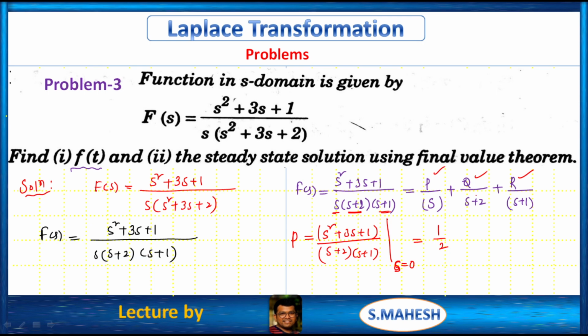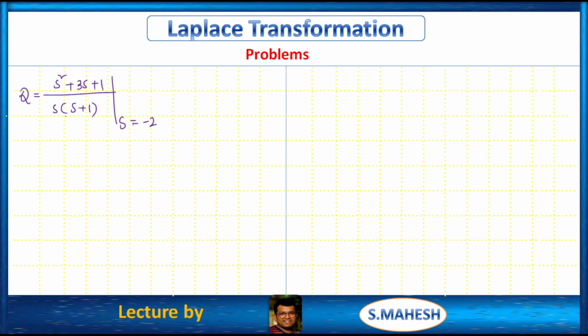Simply, to get the value of q, s is equal to minus 2. To get the value of r, s is equal to minus 1. To get the value of p, s is equal to 0. That is the procedure, right? When s is equal to minus 2, we have the value of q equal to minus 1 by 2.